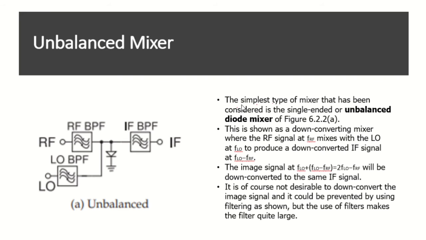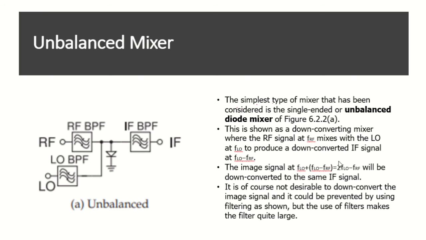So this is the simplest type of mixer that has been considered, called the single-ended or unbalanced diode mixer. Figure 6.2.2a is this one, unbalanced, and it is a down convert, where the output is FLO minus FRF at this IF. And then it also produces an image signal. This image signal is 2 FLO minus FRF.